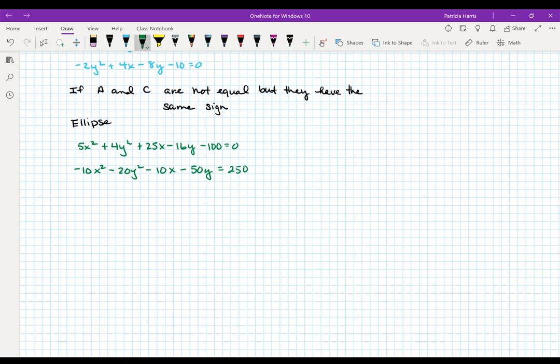Now, last one, if A and C are not equal and they are opposite signs, then you have a hyperbola.